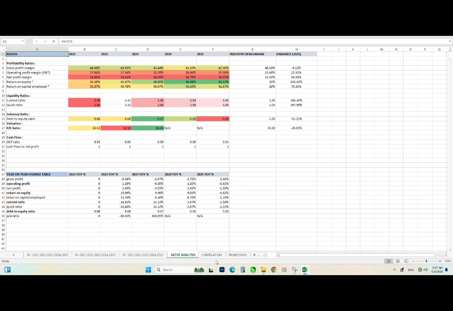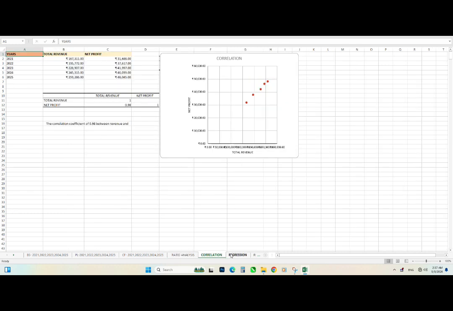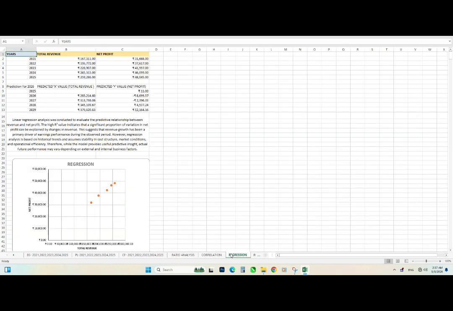Now, correlation. Correlation helps us understand whether two variables move together. For example, revenue and profit. Regression. Regression helps us to understand the impact of one variable on another and is useful for prediction.